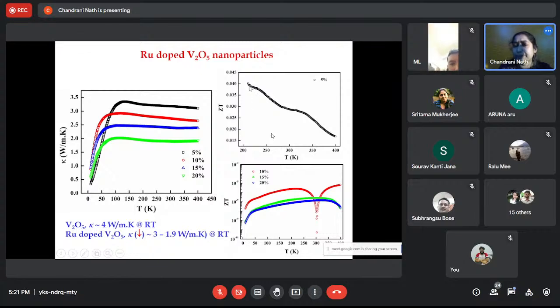This result is very interesting, and if we go into a deeper study, it might have some practical application, if we tune these dopants as well as their size.